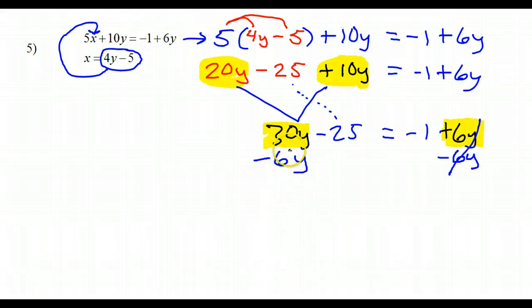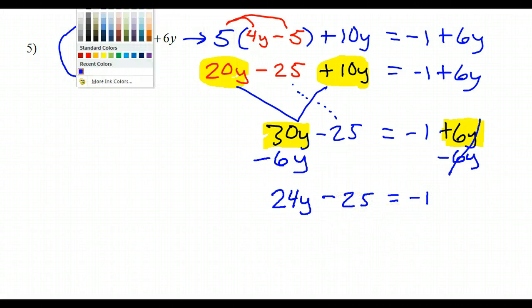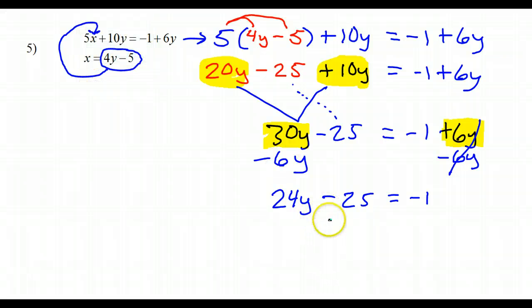So that is going to give me 24y minus 25 is equal to -1. So now it's the time when I would add 25 to both sides, trying to get y by itself. Those go away.